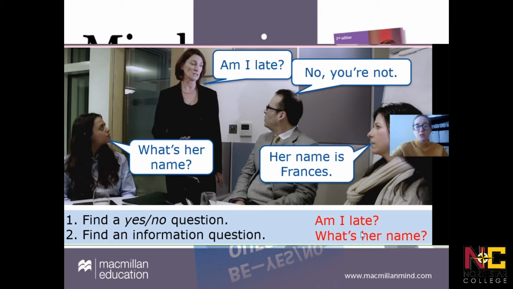But the question, what's her name, cannot be answered by yes or no, because it's an information question. And information questions are a little more difficult. They require more information. You can't just say yes or no.